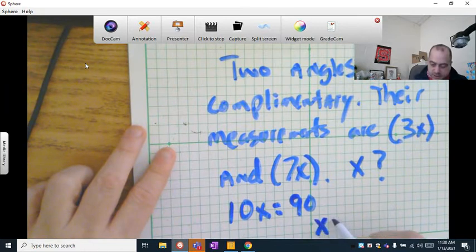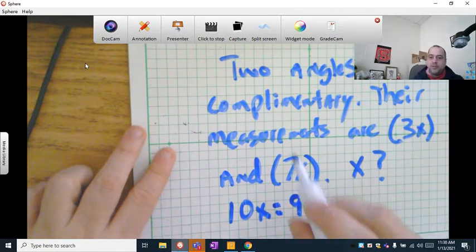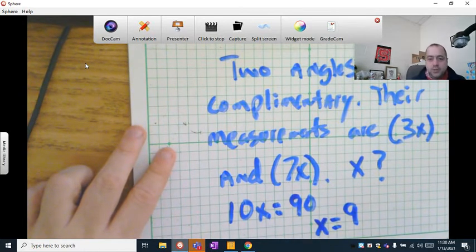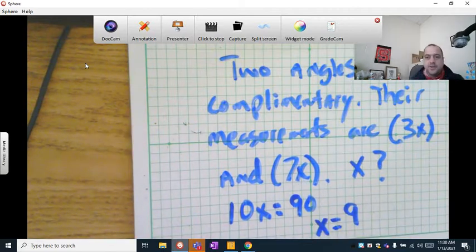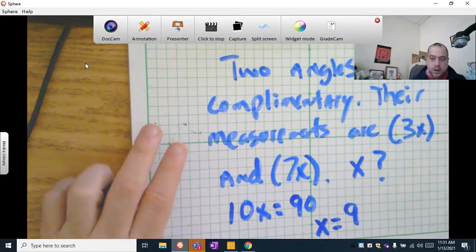So the answer is x equals 9. Complementary is 90, okay? So on these problems, all you're going to do is take the two measurements of the angles, in this case it's 3x and 7x, add them together and make it equal 90 and then solve it, okay?